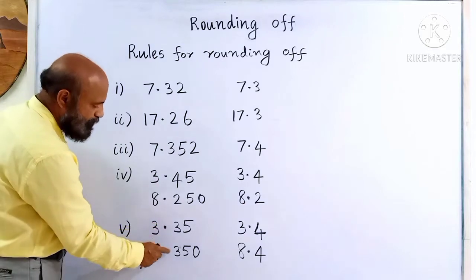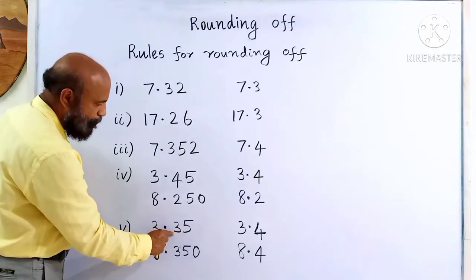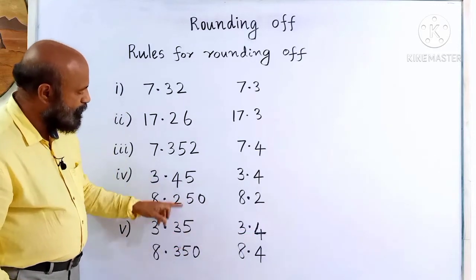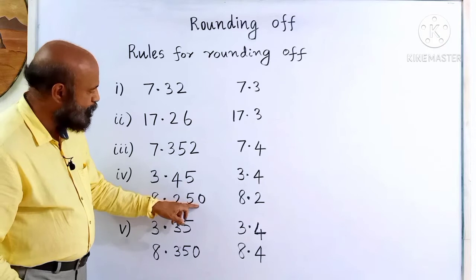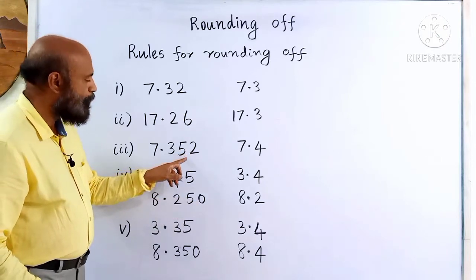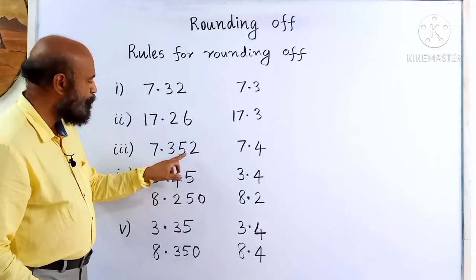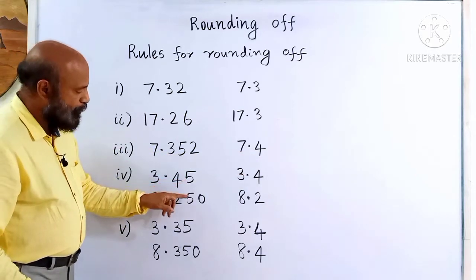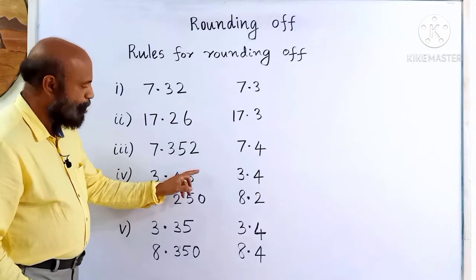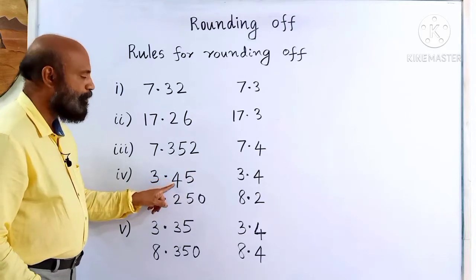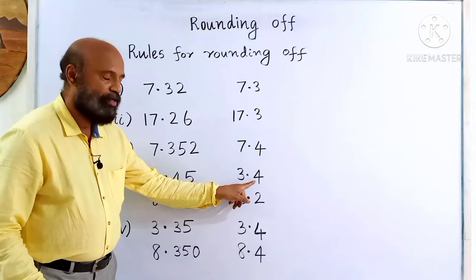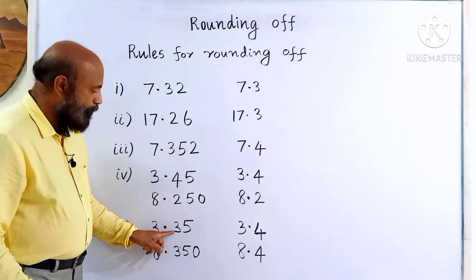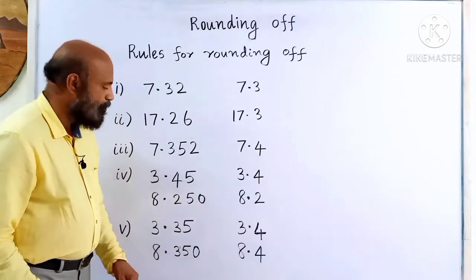But in this case you can see it is an odd number. Odd number you have to increase by 1. In these two cases, 5 followed by 0. Here 5 followed by a number other than 0. Other than 0 means it is to be increased. If 5 followed by 0 or no number, then even number means it is left unchanged. Odd number means you have to increase by 1.